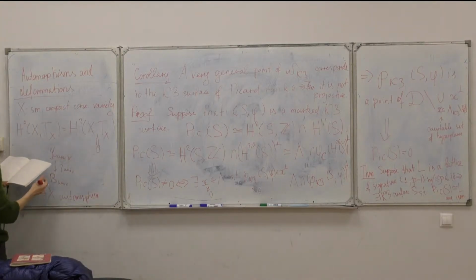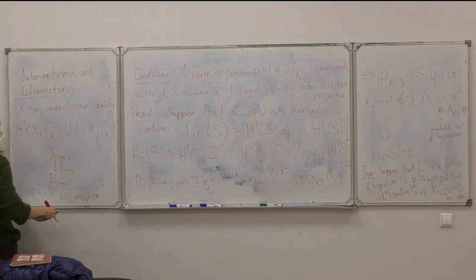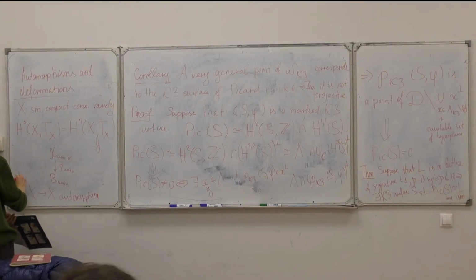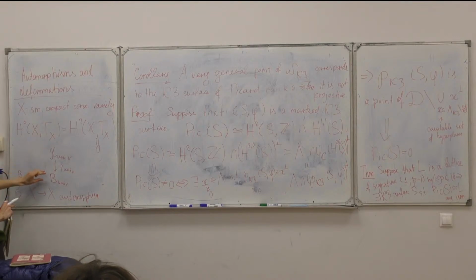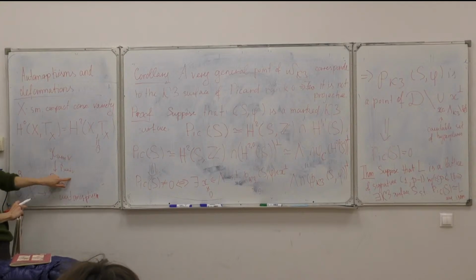Then what we will have? Roughly speaking, if we have an automorphism of a central fiber of the corresponding universal deformation, then we will obtain an automorphism of its base locally.